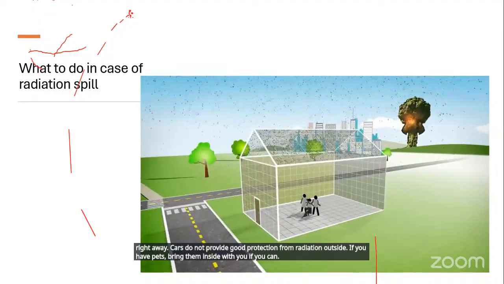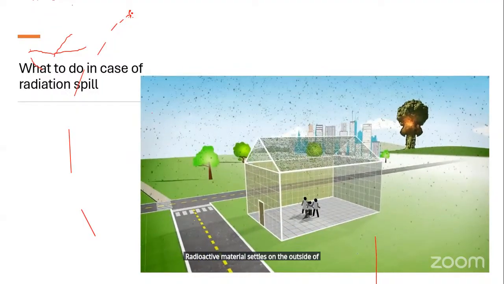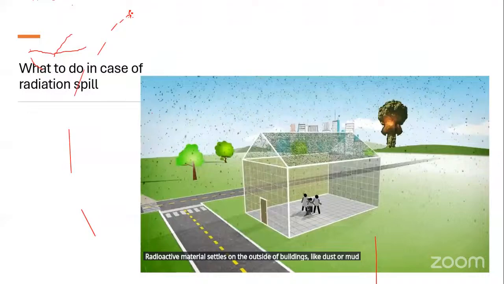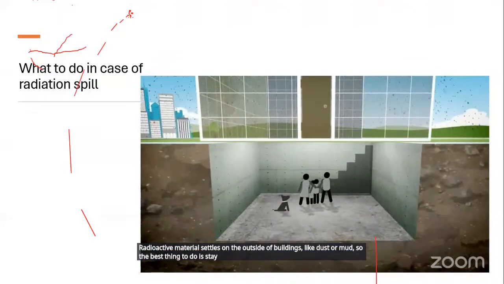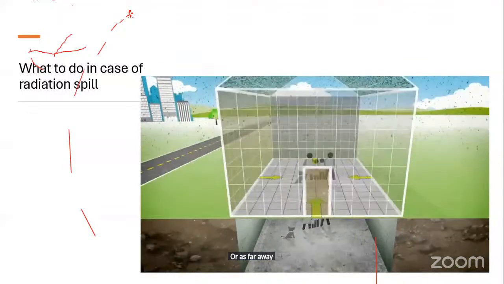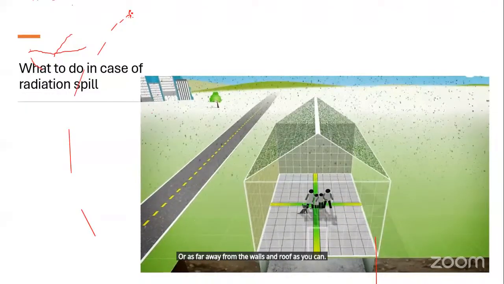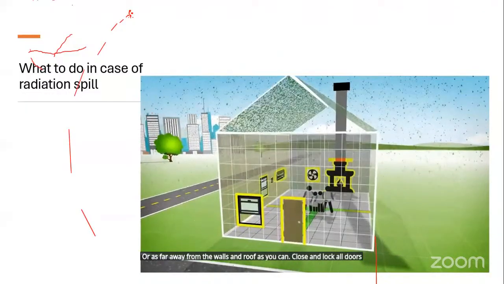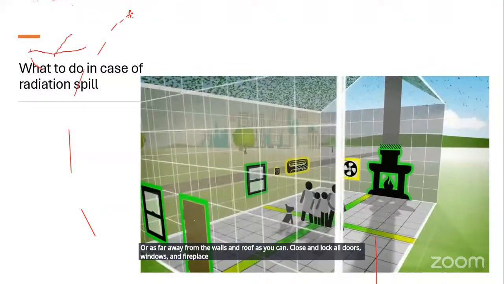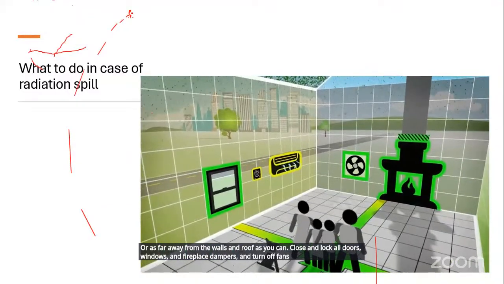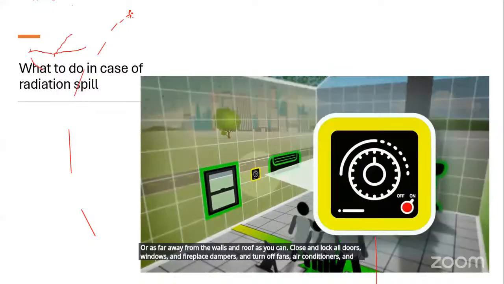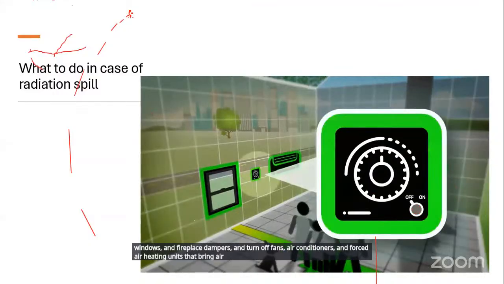Radioactive material settles on the outside of buildings like dust or mud, so the best thing to do is stay either in the basement or as far away from the walls and roof as you can. Close and lock all doors, windows, and fireplace dampers, and turn off fans, air conditioners, and forced air heating units that bring air in from the outside.